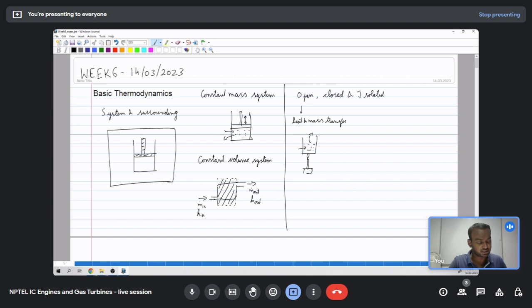And in a closed system we will have only heat transfer, but not mass transfer, or you can say energy transfer, because there could be systems where we put some mechanical work inside the system.